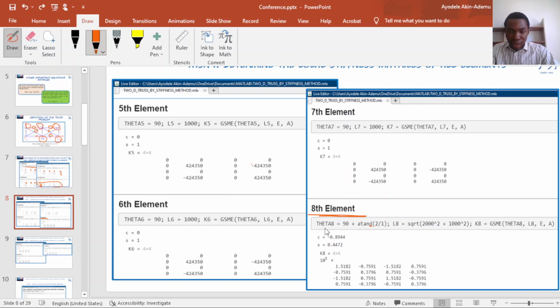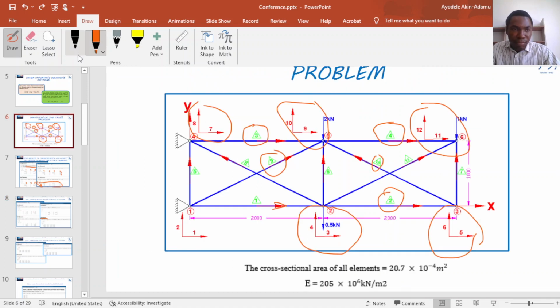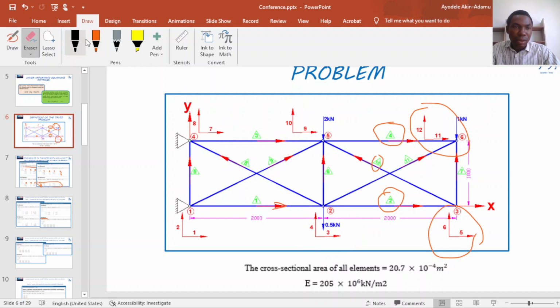So for element 8, let's check the angle definition for element 8. This is element 8, and the arrow is pointing from node 2 to node 5. This is the arrow here. So that means our angle is given by this, and this angle is 90. This is 90 plus this angle. So this angle is the arctan of 2 over 1.